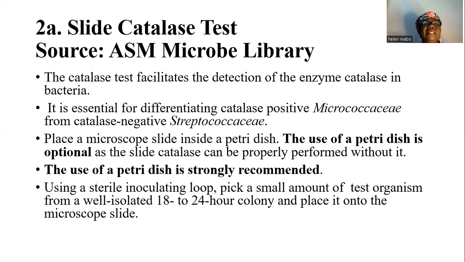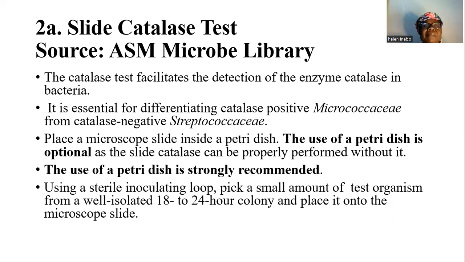The second test that can be used to identify Staphylococcus aureus is the catalase test. Again, there are two types of catalase tests. You have the slide catalase test and you have the tube catalase test.